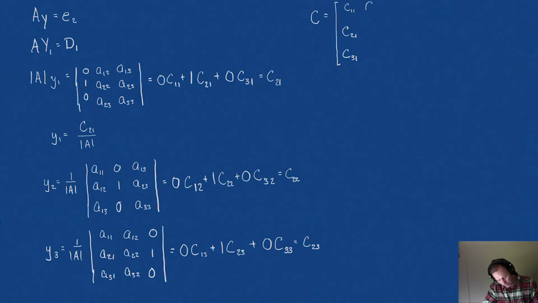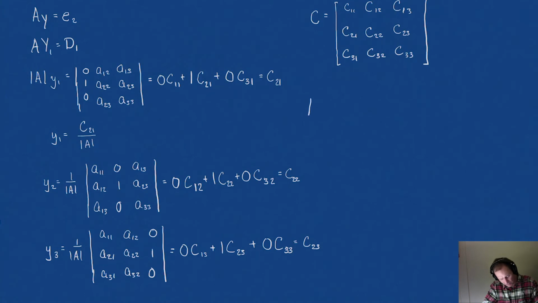And then you have C12, C22, C32. And then our third column would be C13, C23, C33.